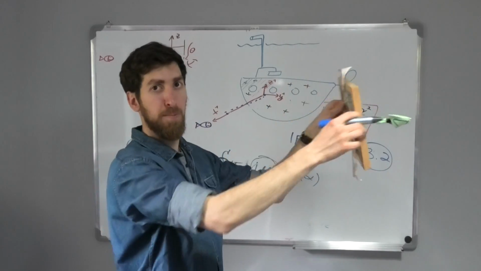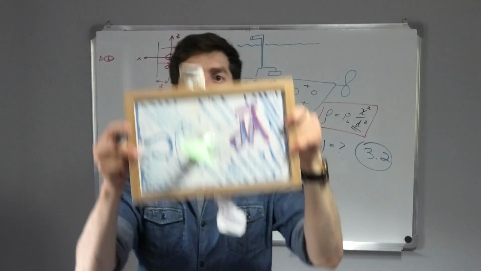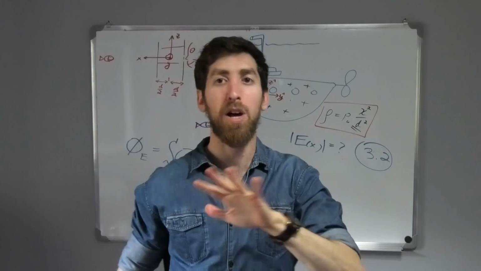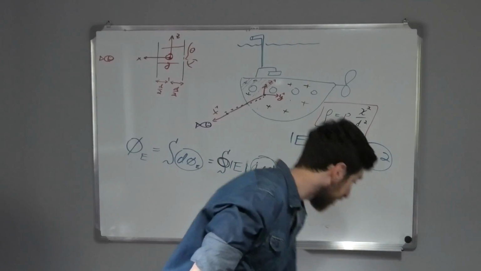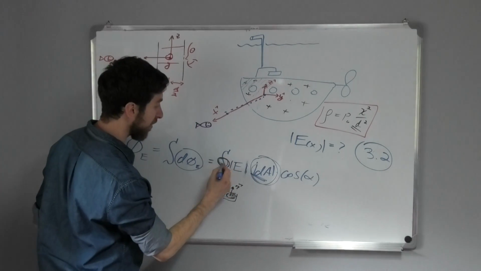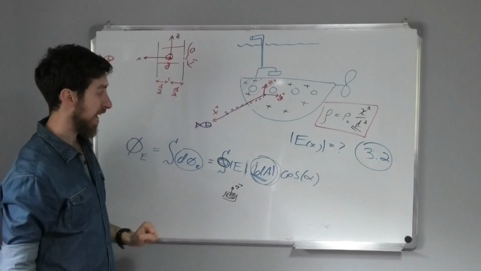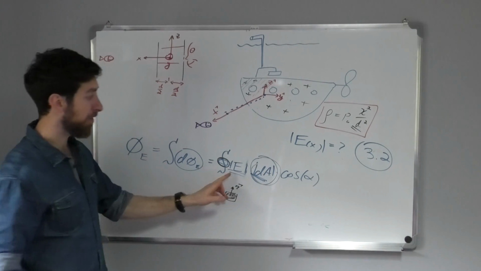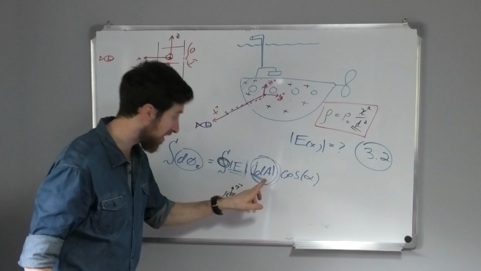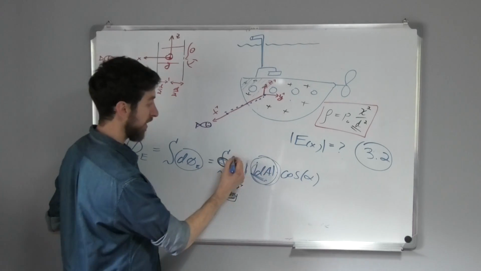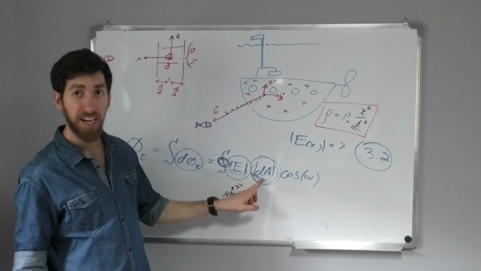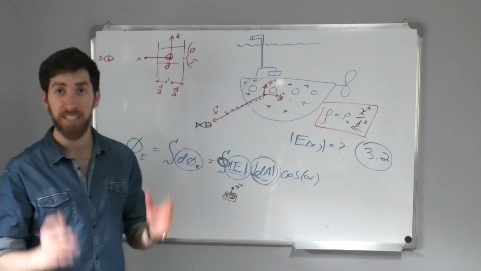I can put here a block of puzzle, I can close myself in a sphere, I can close myself in a box, whatever I want to do, right? And in the end, I need to have an enclosed area, okay? And E is the electric field at this specific dA, and cosine alpha is the angle between them.